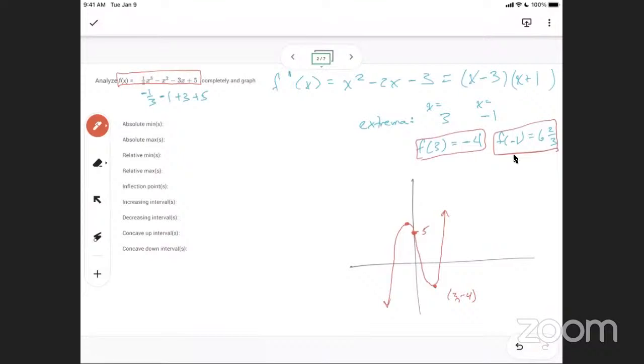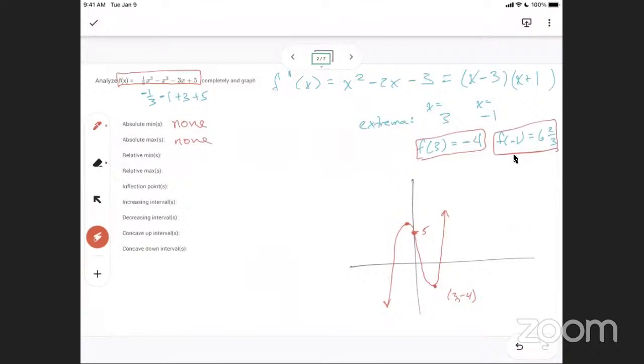So the absolute min is none because it's going down forever. Wait, why is it going down forever? Because look at where it's going. It's going down on the left and it's going up on the right.